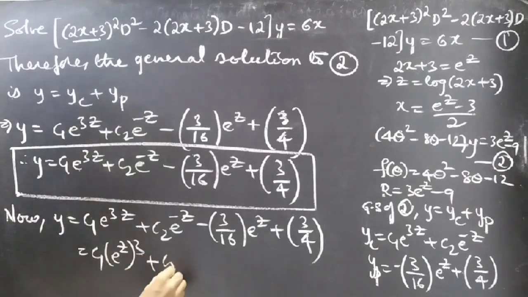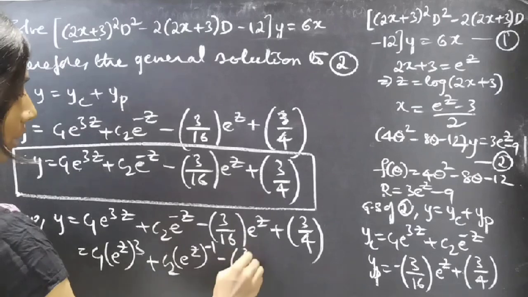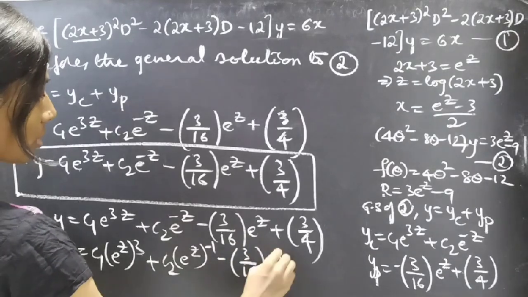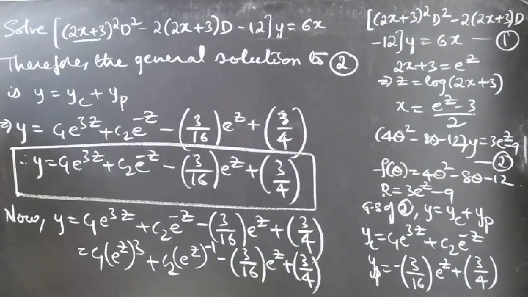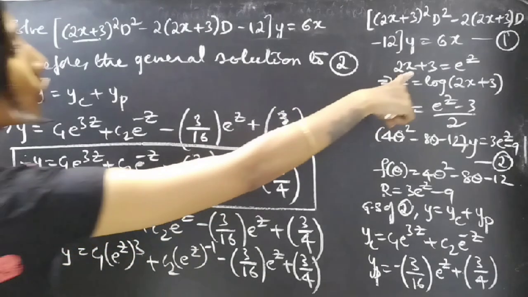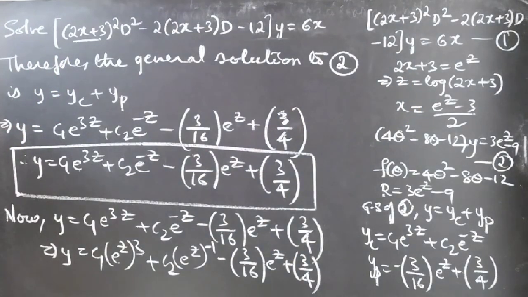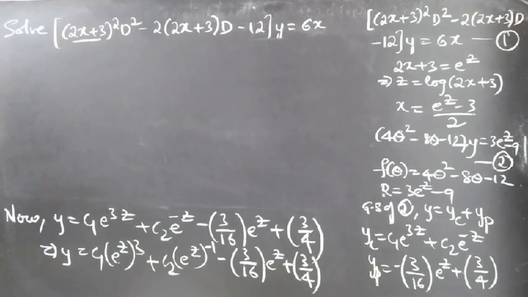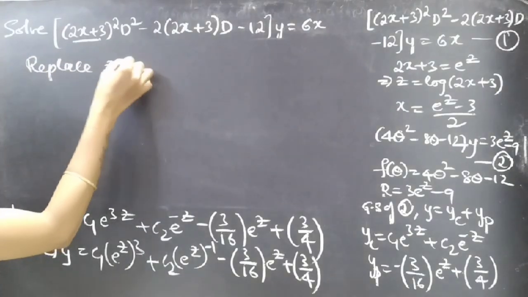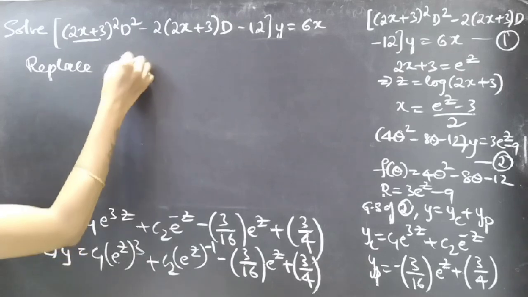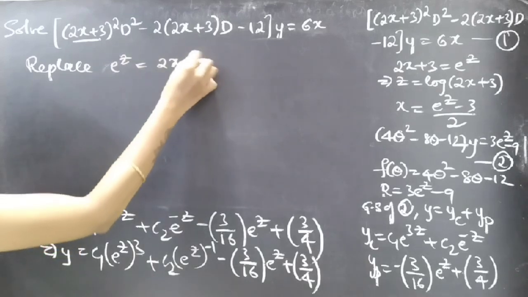Plus c2 into, write e power minus z as e power z power minus 1, minus 3 by 16 into e power z plus 3 by 4. Okay. Now replace e power z by 2x plus 3.